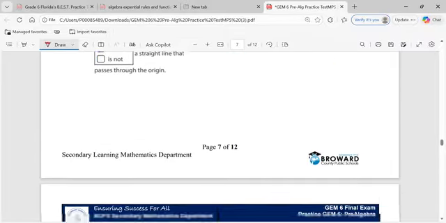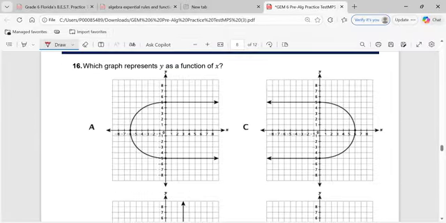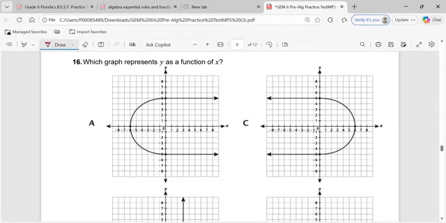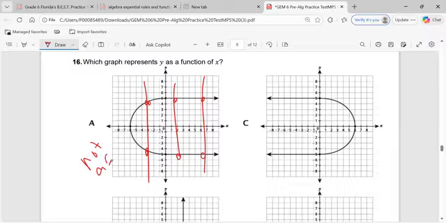All right. So coming on down, I told you these would be a little faster. Which graph represents y as a function of x? Which of these is a function? Boom. See how it hits twice? Remember, if it hits twice on the graph, it is not a function. Oops, not a function.